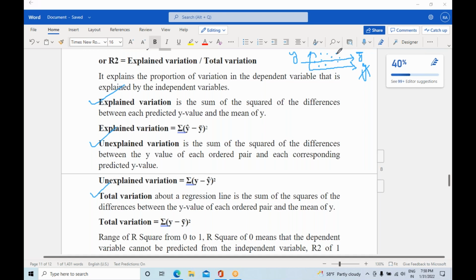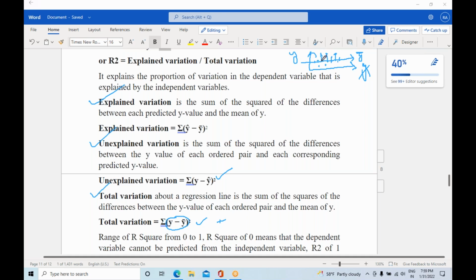So here, for this data point, the original y value minus this mean is the error, and for each and every error we calculate, we do the square. We calculate the data point minus the mean, squared. Then we sum for the next y value and mean value, next y value and mean value.